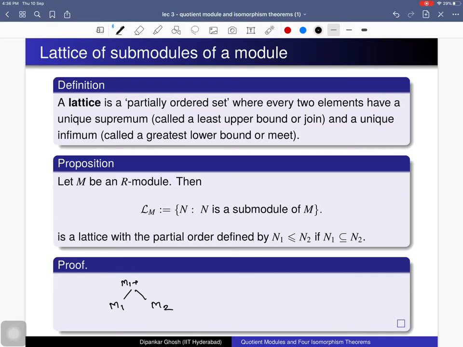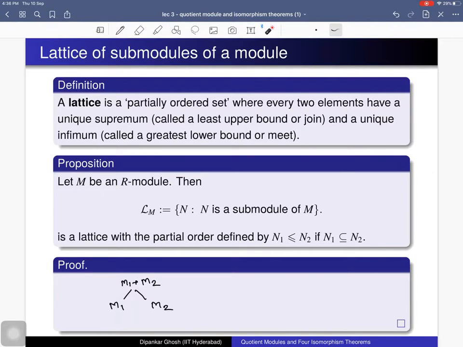So you can consider M1 plus M2, this sum, and by definition M1 is contained in M1 plus M2, and M2 is contained in this, and this is the least upper bound, because this is the minimal submodule of M which contains both M1 and M2. So this is a least upper bound, and this is unique.